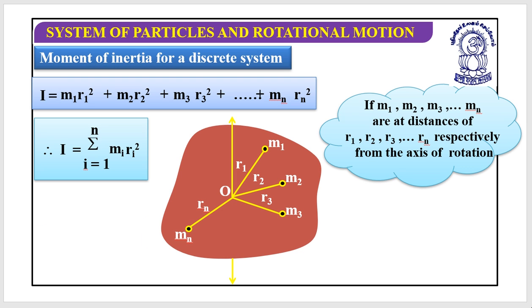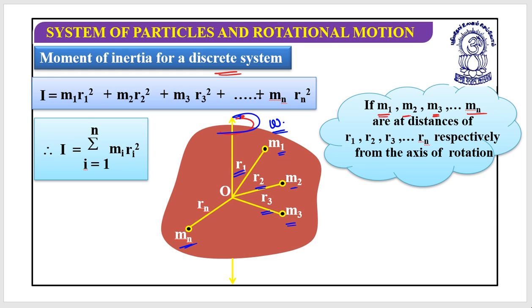Now, if I want the moment of inertia of a discrete system, consider that there are many masses m1, m2, m3 up to mn, and this is my rotational axis, around which all these particles are rotating with a certain speed omega. So m1 is at a distance r1, m2 is at a distance r2, m3 is at a distance r3, such that mn is at a distance rn.